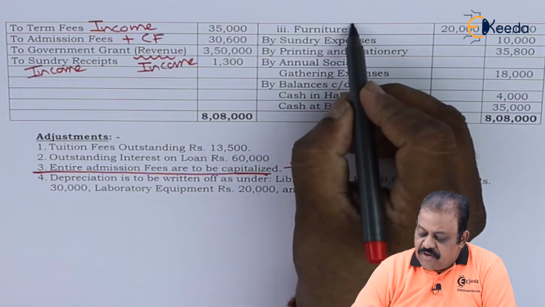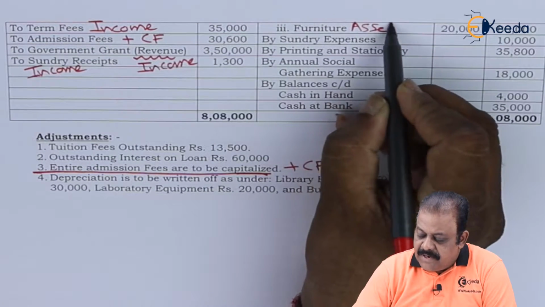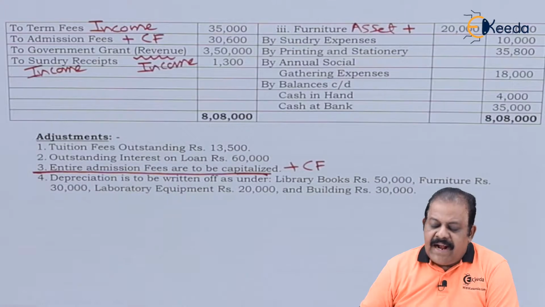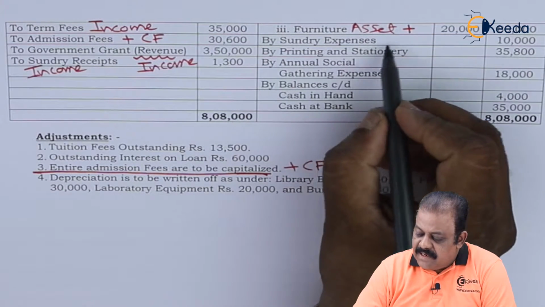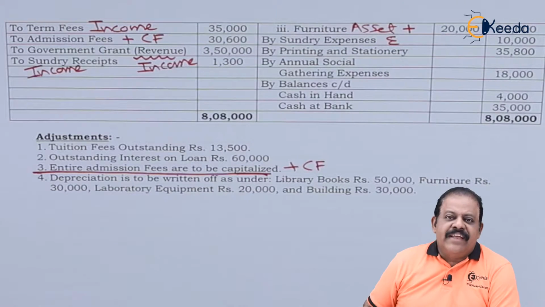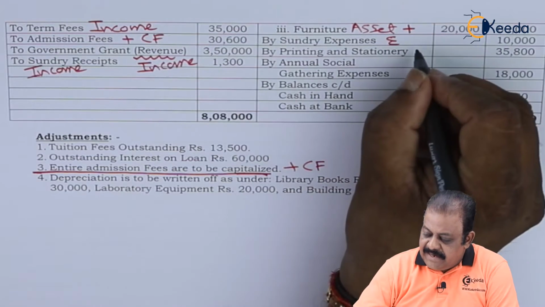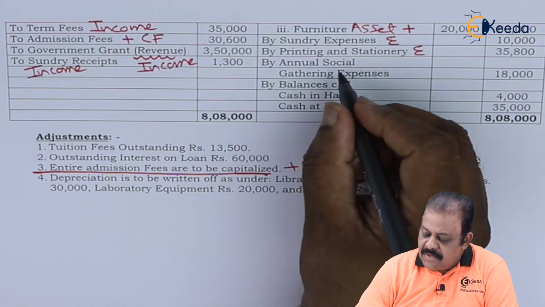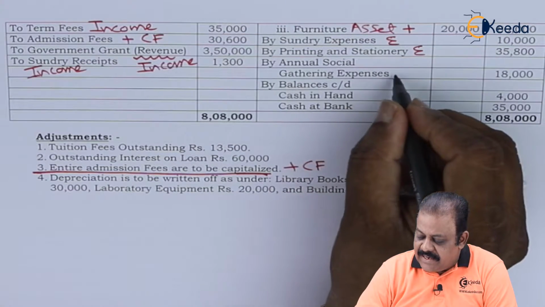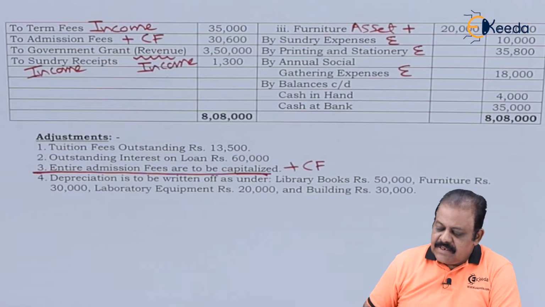Here there is purchase of furniture. Again, it is a purchase of asset. It will be added to asset in balance sheet. Sundry expenses, expenditure. Printing and stationery, expenditure. Annual social gathering expenses, expenditure.